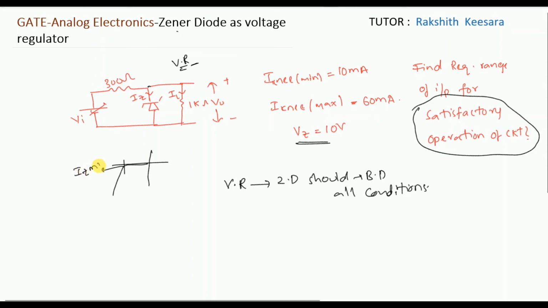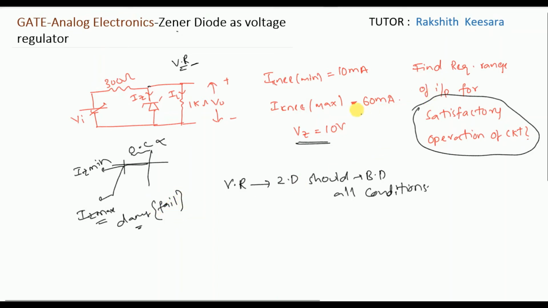This is Iz maximum. If the current is less than Iz minimum, it operates as open circuit, so the satisfactory operation fails. If the current is greater than Iz maximum, it will damage. So here also the satisfactory operation will fail.